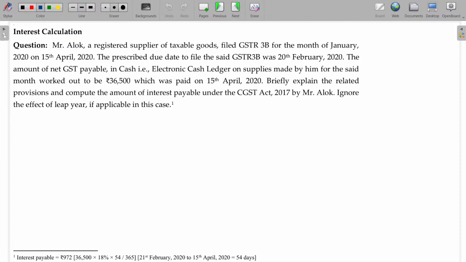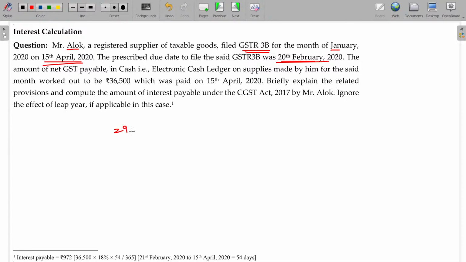Let's see here. Mr. Alok, a registered supplier of taxable goods, filed GSTR-3B for the month of January on 15th April 2020. The prescribed due date to file the said GSTR-3B was 20th February 2020. So it is delayed. February, how many days do we have? 29 days, leap year.